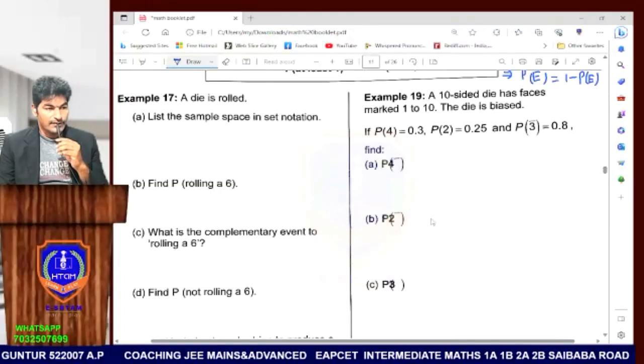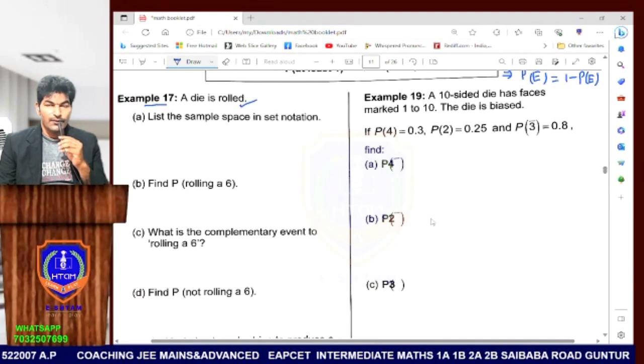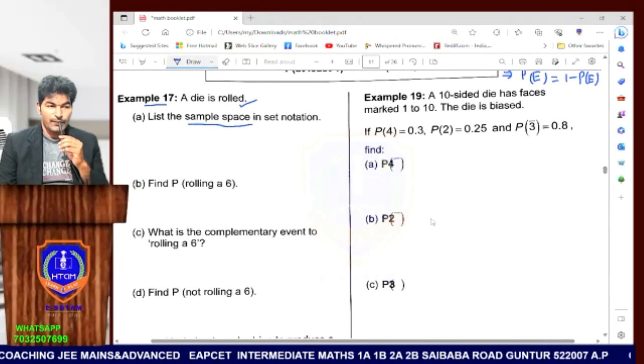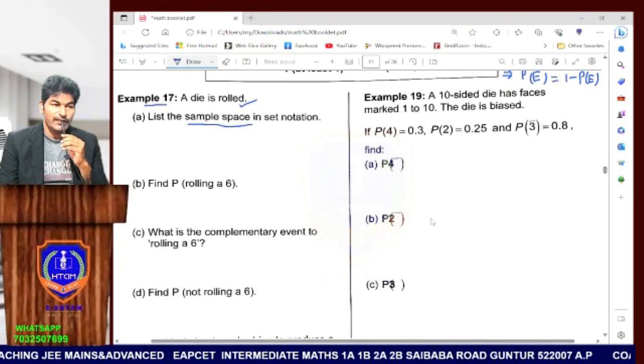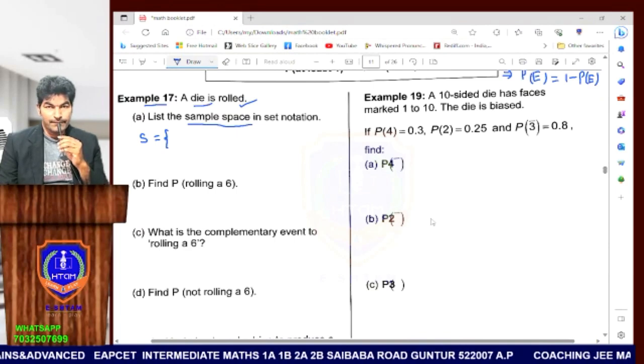Let us discuss some examples. Example 17. A die is rolled. List the sample space in set notation. So he is asking about the sample space, often denoted by S. Here the experiment was rolling a die.